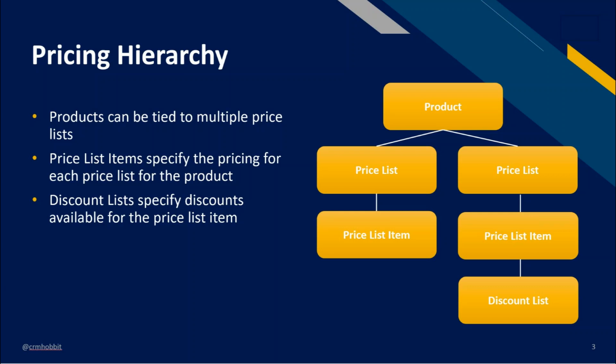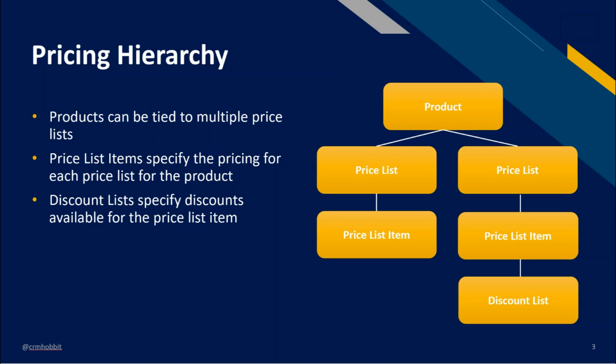Price list items, as we mentioned before, are what specify the pricing for each price list for each product. So with, let's say, that red chrome Darth Vader Funko Pop, different Target stores could have different prices theoretically based on area. If so, then they would have different price lists.